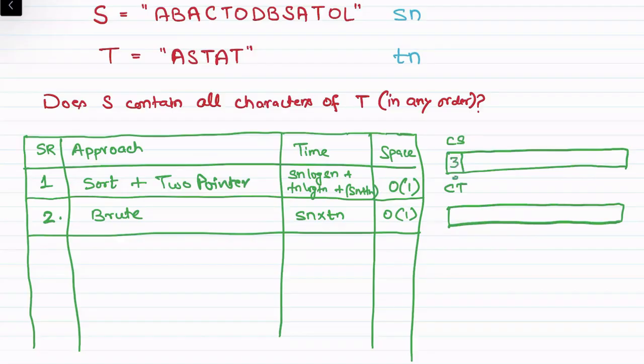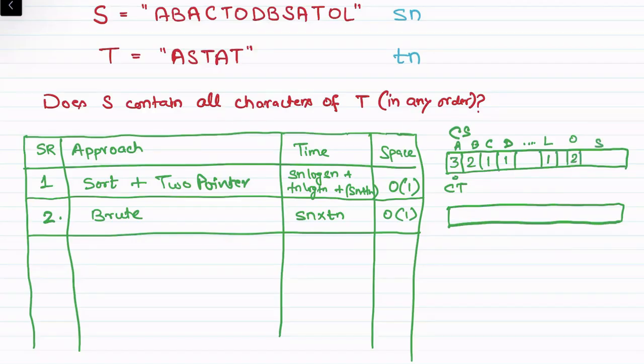So we can assume this is the count array for S. This is character A. Same way, B occurs twice. Now C is occurring 1 time. D is occurring 1 time. And same way, continuing, somewhere L is there, L occurs 1 time. Then O is there, O occurs 2 times.